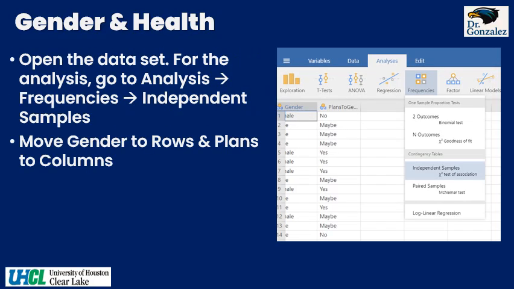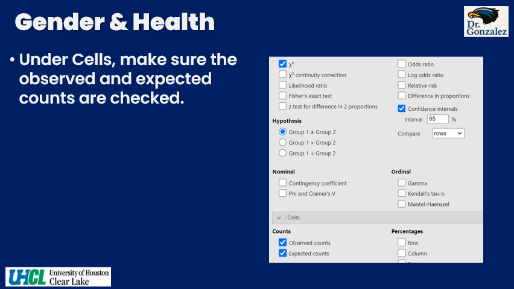So what you're going to do is go into Jamovi and go to analysis, then frequencies, and select independent samples. And that is right over here, independent samples, and you see chi-square test of association. You're going to move gender to rows and plans to columns. Under your cells, you're going to make sure that you have selected both observed and expected counts.